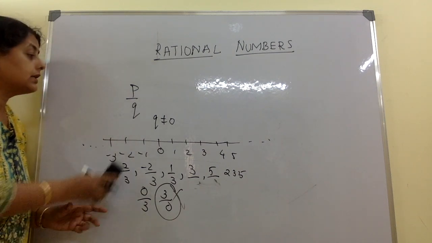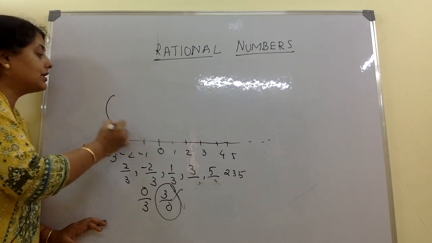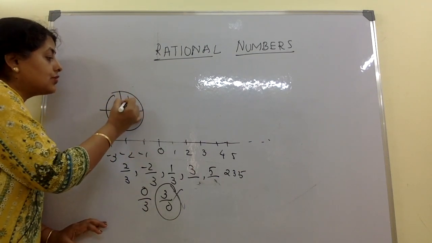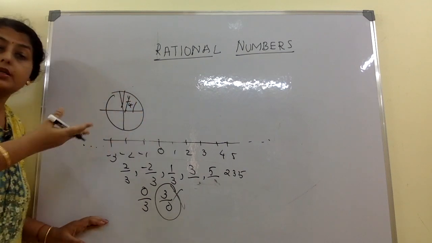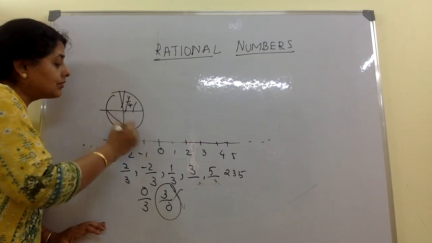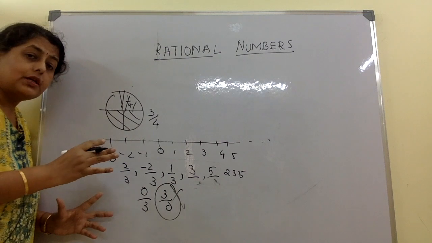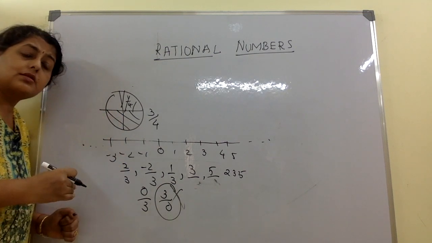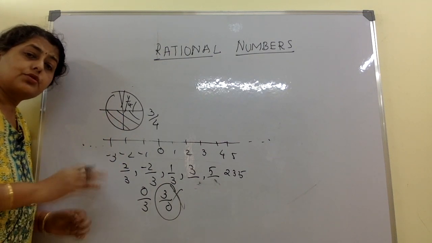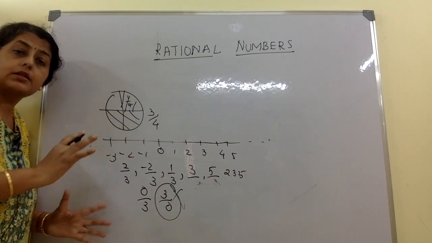Now when you were in 4th, you had done something like this. This is 1/4 of a cake, shade 1/4 of the cake. You have done that, right? And if I do this, this is 3/4 of a cake. And then you did lots of problem sums on this. So, so and so had a ribbon and cut out 3/4 of it and then how much is left, something like that.